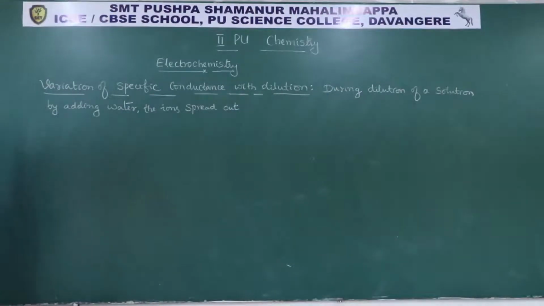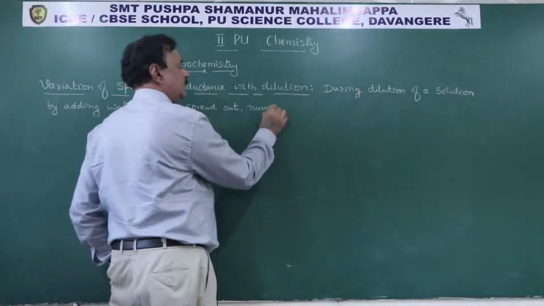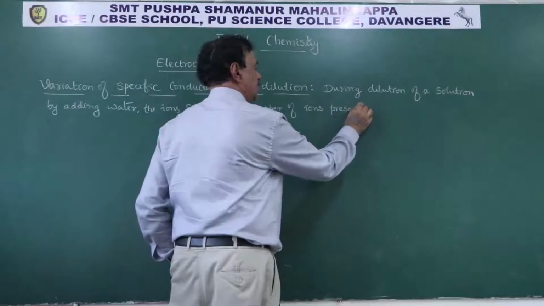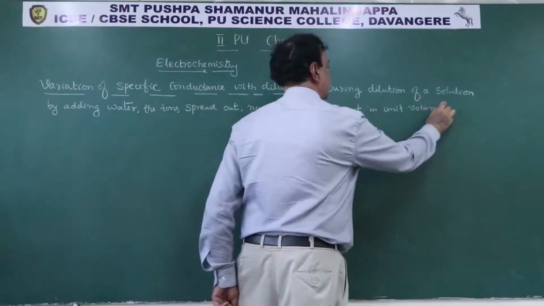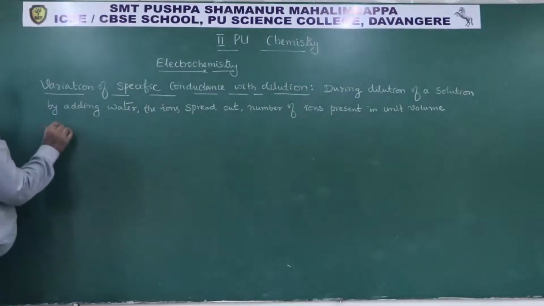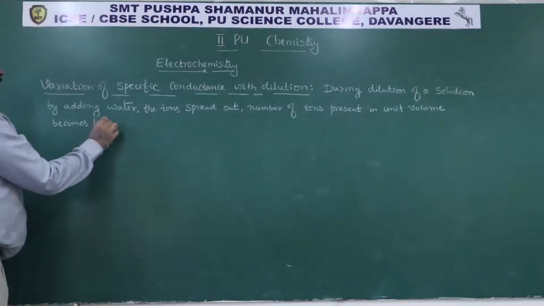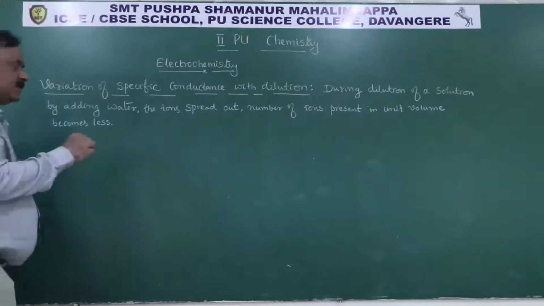The number of ions present in unit volume decreases, becomes less. Hence, specific conductance decreases.